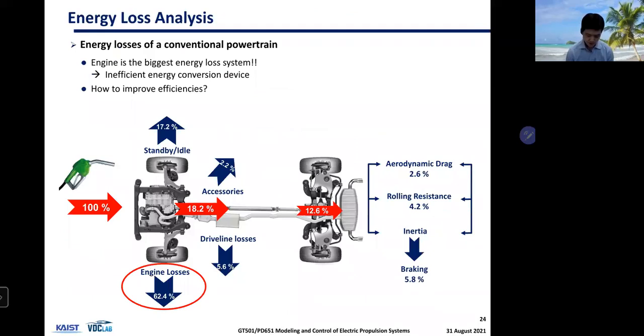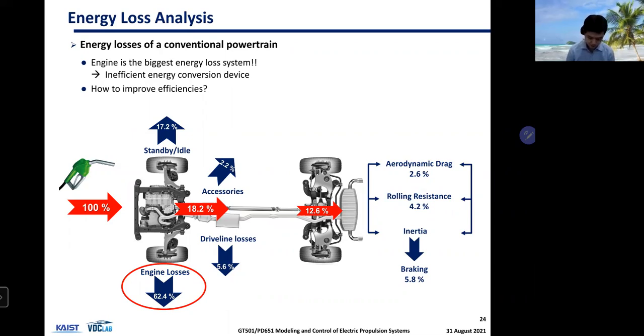And we want to find out how fuel is consumed and where these energies are lost when it comes to fuel economy. So this figure shows a quick summary of that.